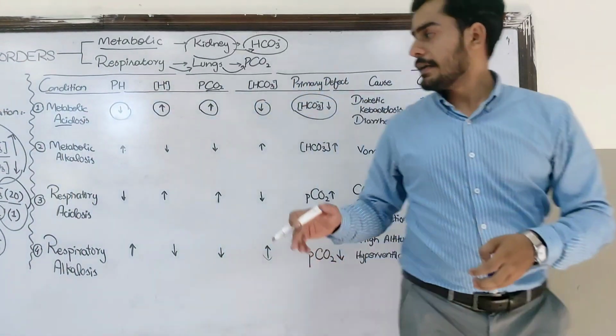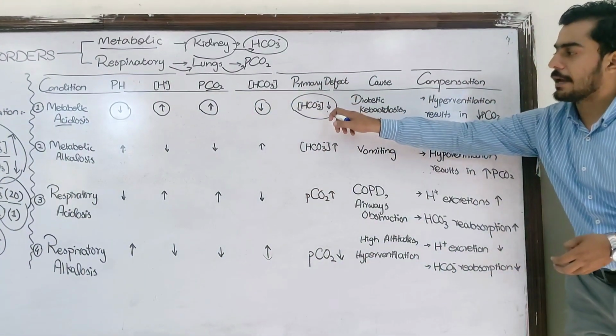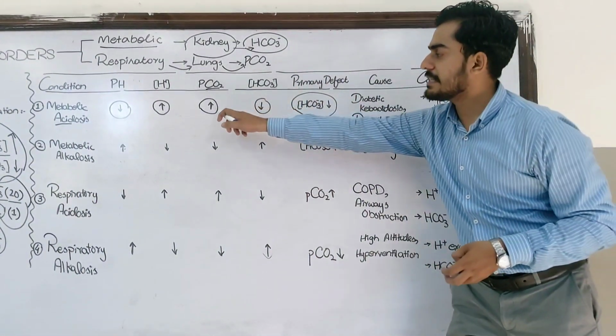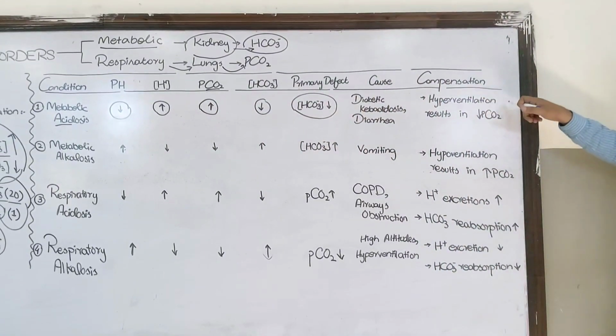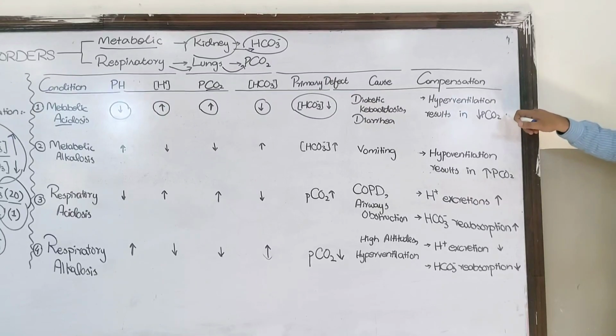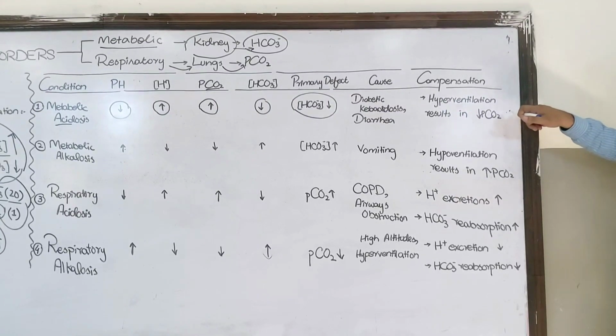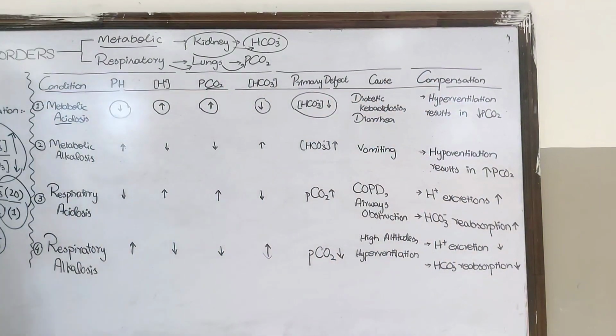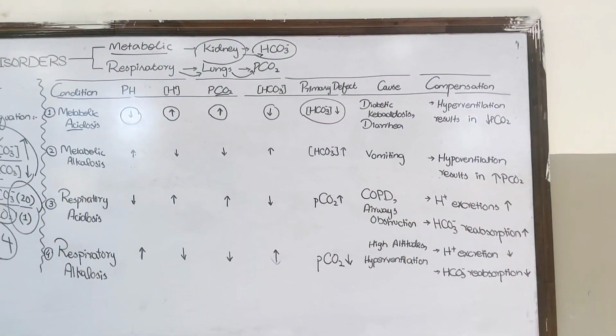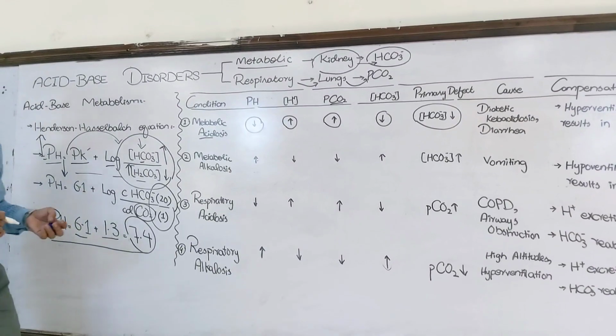So when there is decrease in the bicarbonate concentration and increase in the partial carbon dioxide, our body does hyperventilation in order to decrease the partial pressure of the carbon dioxide. So finally this equation gets the low value and the pH value comes to the norm.